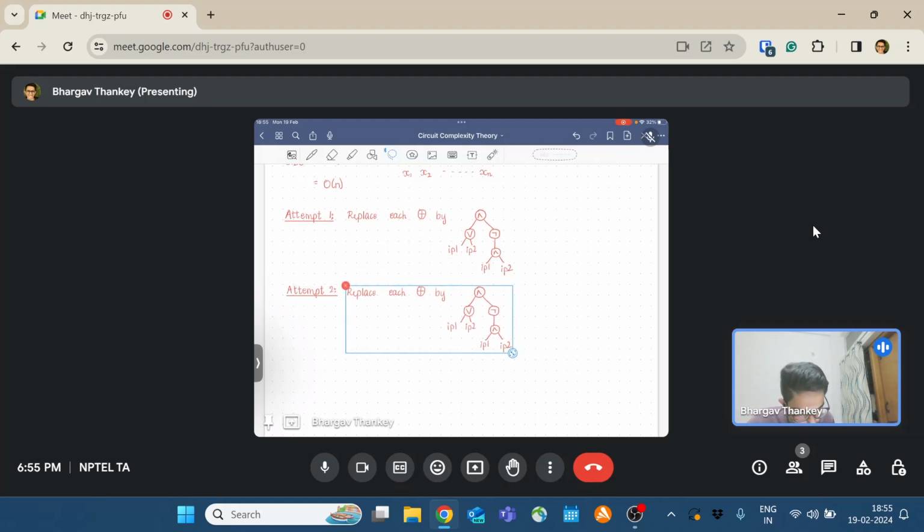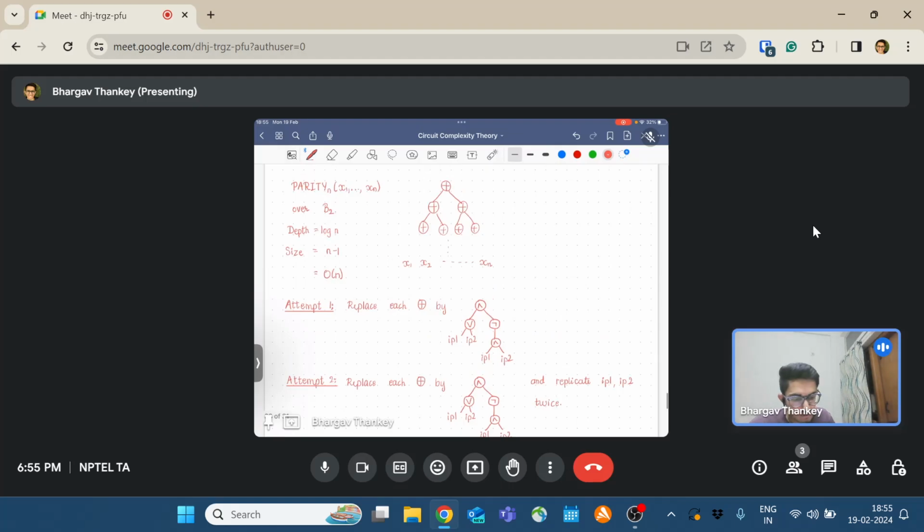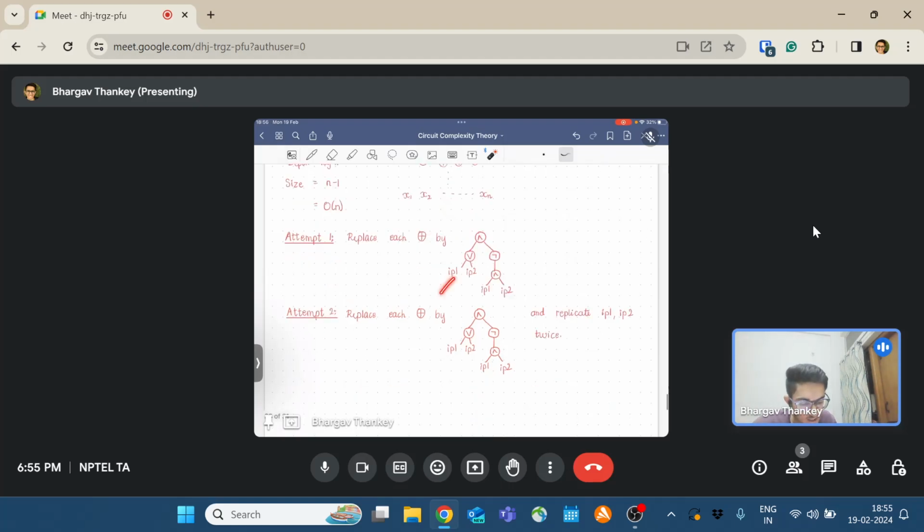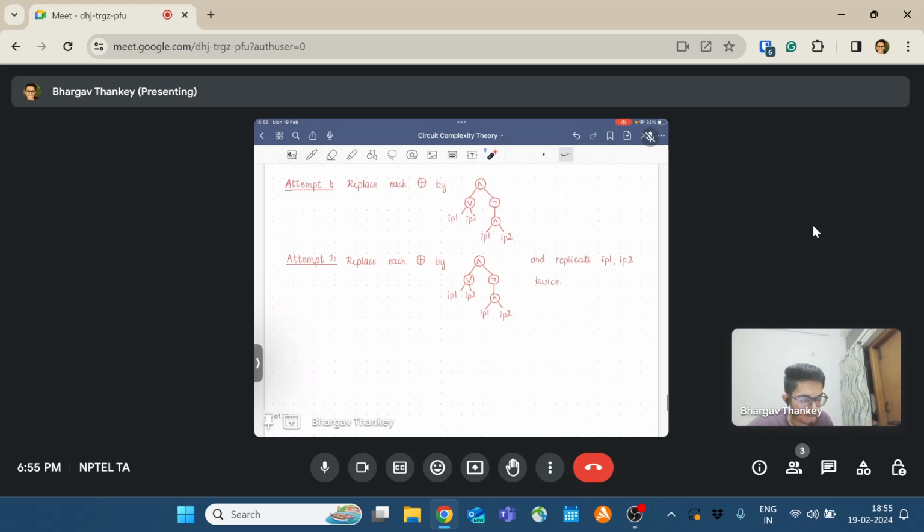So replace each XOR with this, and now we'll replace this gate, but we'll have two copies of these entire subtrees. So there will be two copies of this, there will be two copies of this. That would solve the issue, right? Because one copy can go over here, one copy can go over here. Okay, so this is what we are going to do.